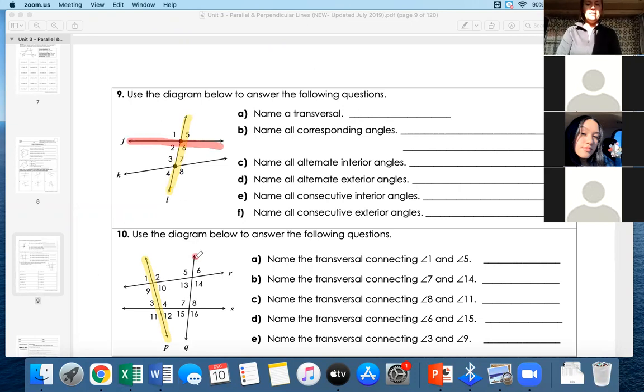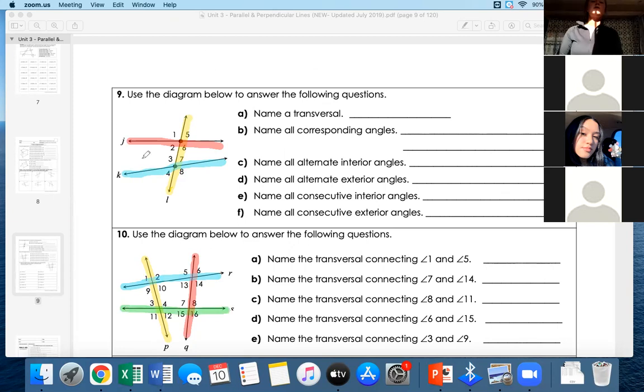I'm just coloring them so that it's easier for us to point out while we're learning. All right, so we got these colored.